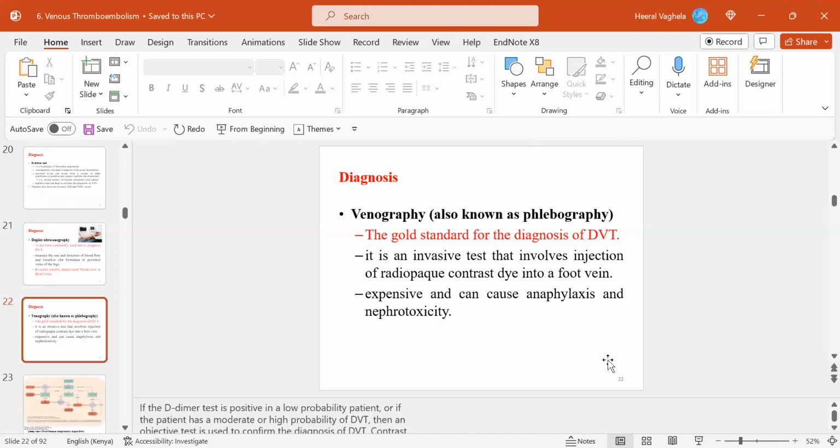Sorry, it's venography that is the gold standard, where a contrast dye is injected into the foot vein, and it shows if there's any blockage.